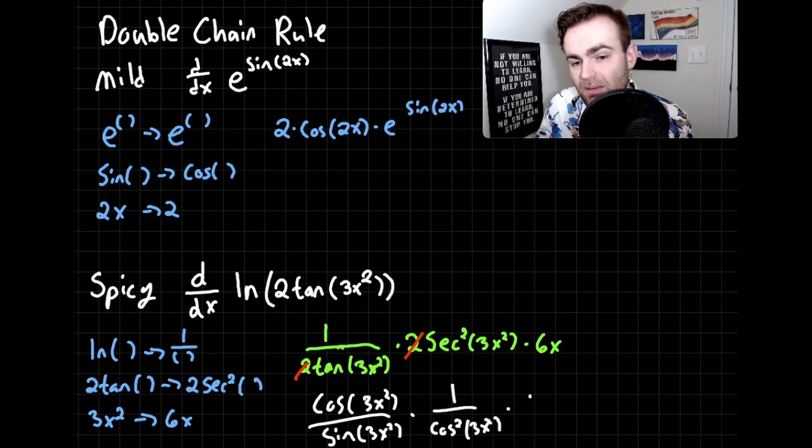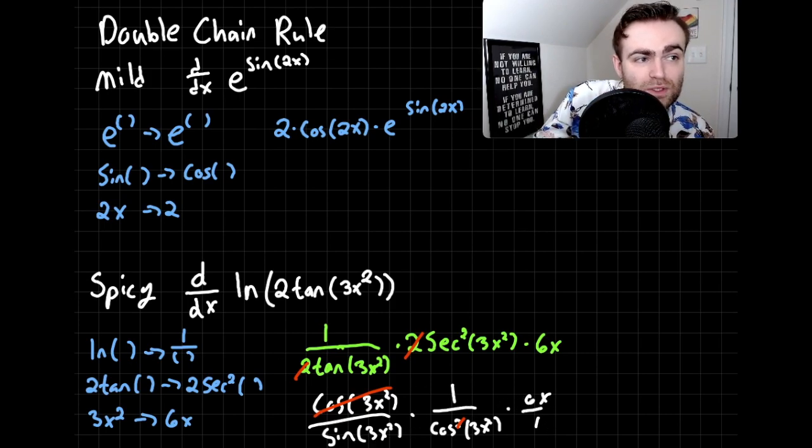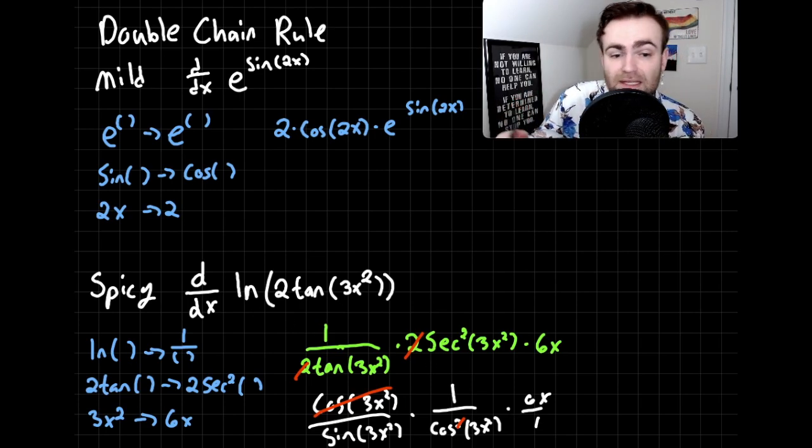And we're going to multiply that by 6x over 1. Now we can see that this cosine and one of these cosines will cancel out. And then if we want to simplify everything out, we just multiply straight across, and then we can bring the sine up by making that a cosecant. We can bring the cosine up by making that a secant.